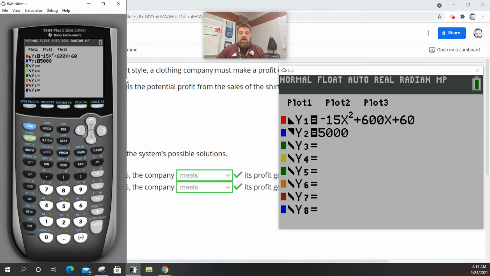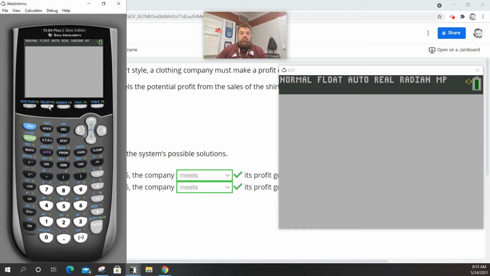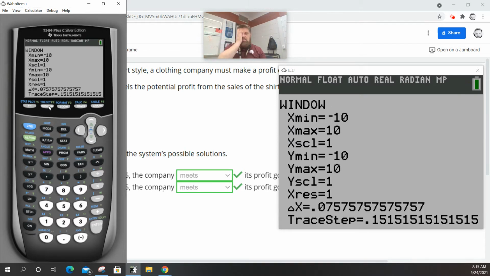So I've got to go to the window, and for my x min and max values, they're asking about 15 and 25. So I'm going to start at x is 0, and it has to go at least up to 30, right? Because we're worried about what happens when the shirt price, remember, x represents the price of the shirt, and the two values are $15 and $25.